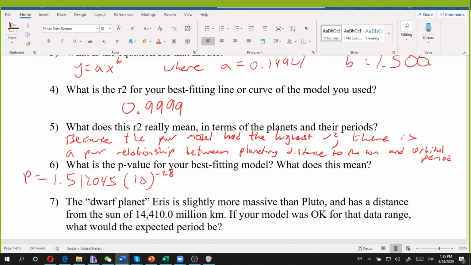So this is the probability that if there was no correlation between planetary distance and orbital period, we could get results with this type of distribution. You can see the probability is super low. If there was no correlation between orbital period and distance to the sun, the probability of randomly getting this result would be 1.5 times 10 to the negative 28th power.